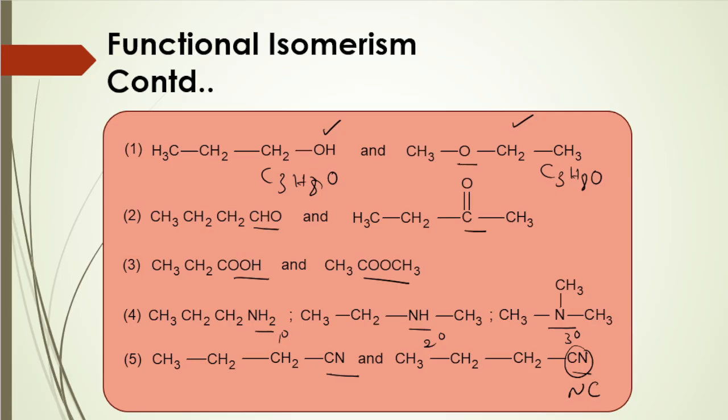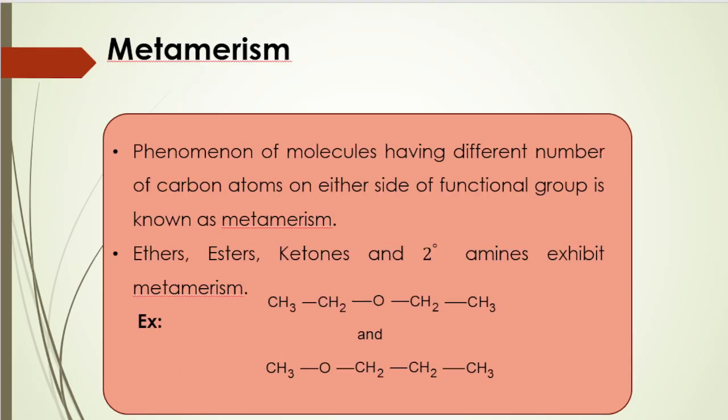What about the fourth isomerism? It is nothing but metamerism, right? The phenomenon of molecules having different numbers of carbon atoms on either side of the functional group. If we take a functional group like oxygen, and on either side of the functional group there are different numbers of carbon atoms, then it is said to be metamerism.